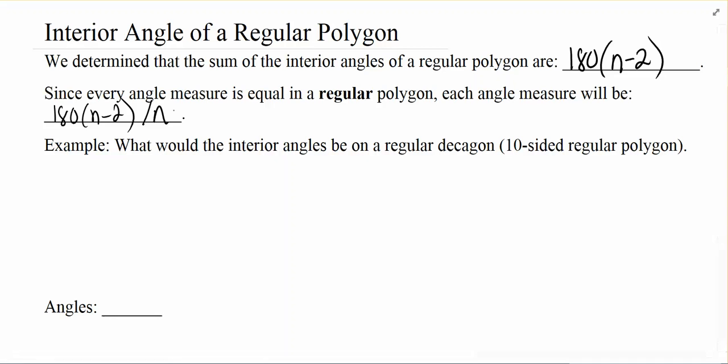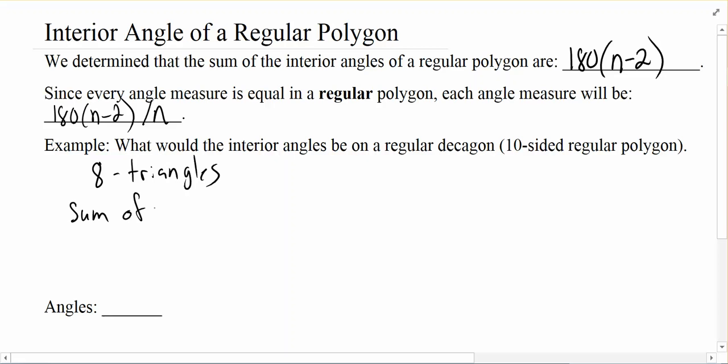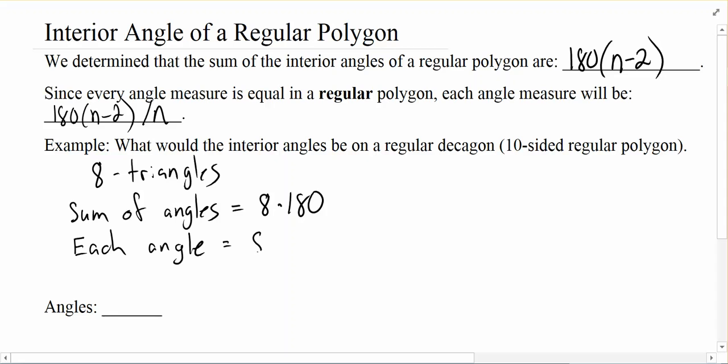So if we had a 10-sided regular polygon, then it's going to have 8 triangles in it, which means the sum of the angles is going to be 8 times 180. And that means then that each angle is going to be 8 times 180, and then divided by the number of angles there are.